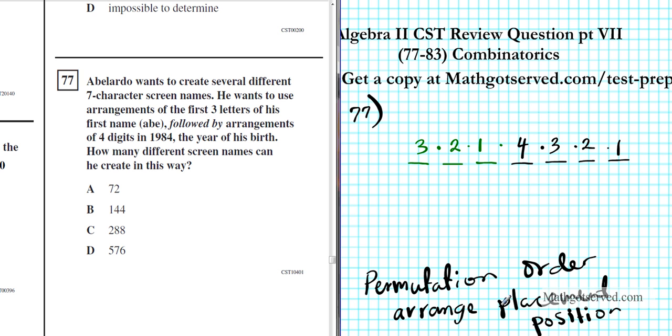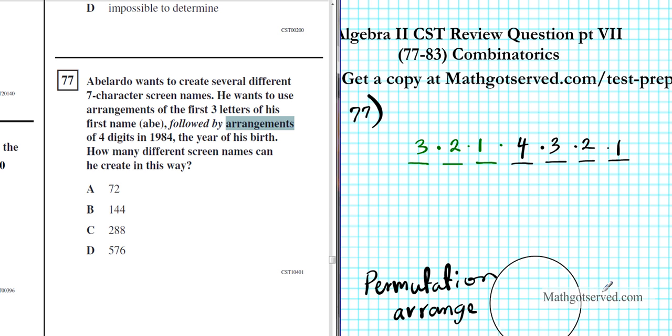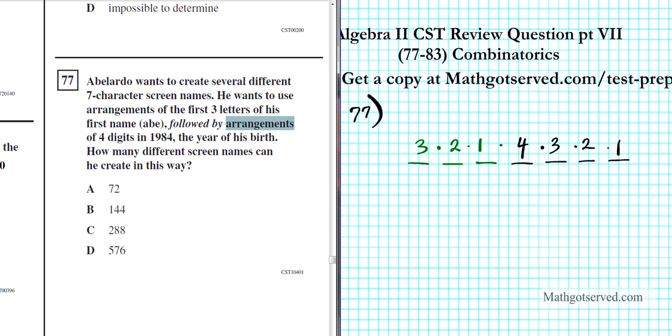So permute is how are you placing, arranging, positioning, or ordering elements from a set. Okay, so see the keyword here, arrangements. That should tell you automatically that we're working with permutation here. So if you know your permutation formulas, you can simply use that in this problem. So if I wanted to use my permutation formula, I will go for the first 3 choices.